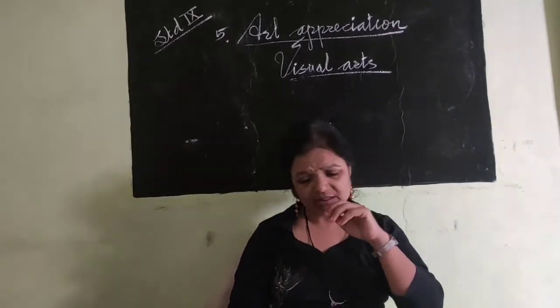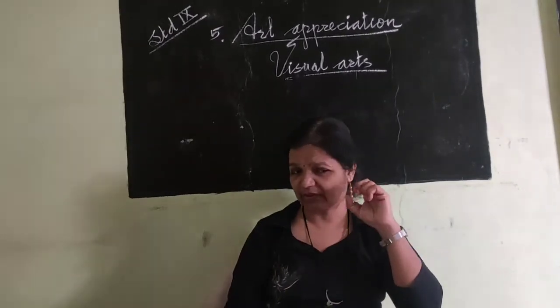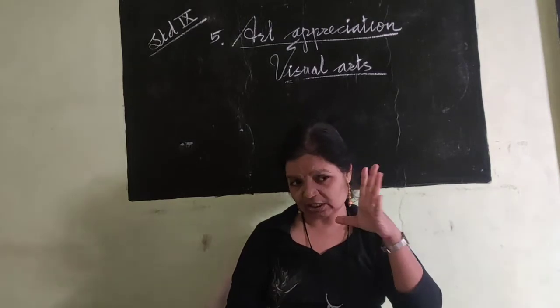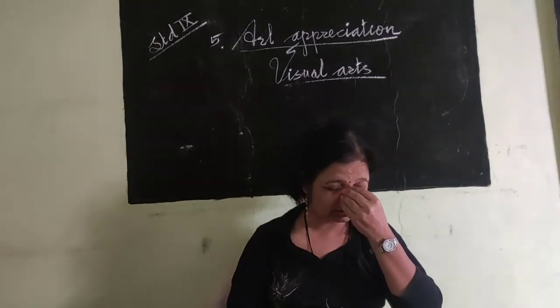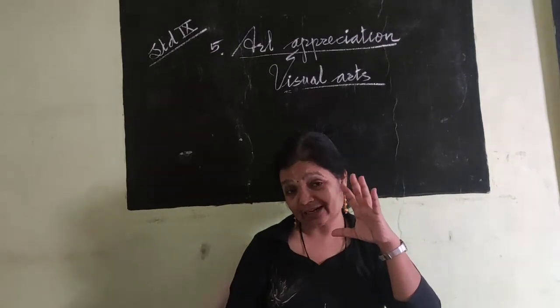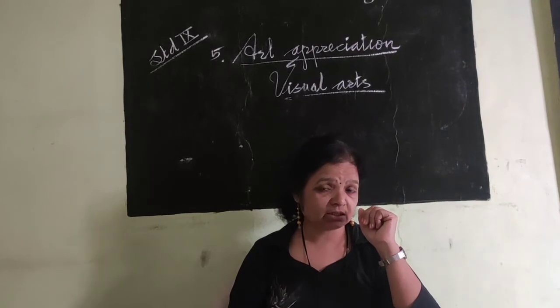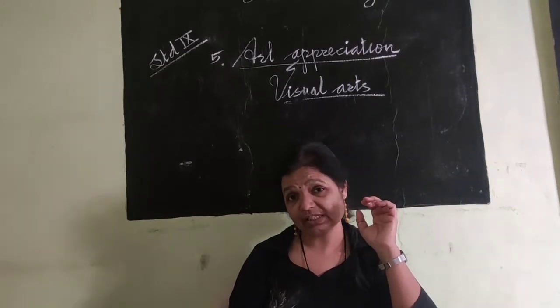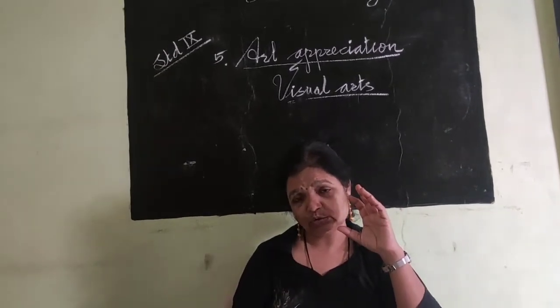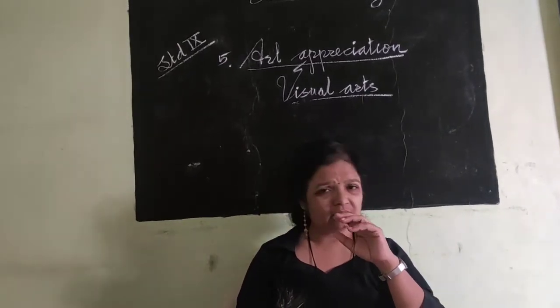Bold strokes are there. Bold means what? Focusable, noticeable, quickly noticed. We can notice that bold brushing style in his painting. Bold colors, attractive colors. You can understand through his painting. This is the unique style of Vincent van Gogh. Usually he uses dots like patches, many times.